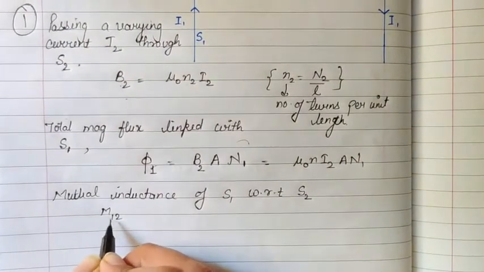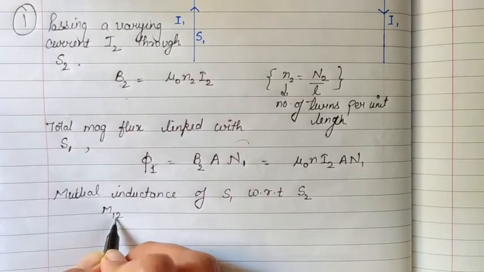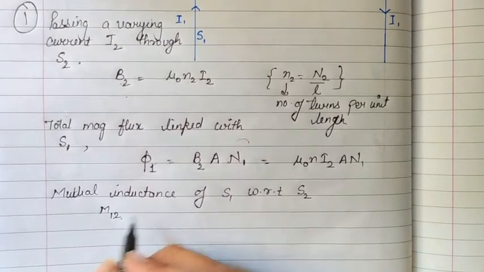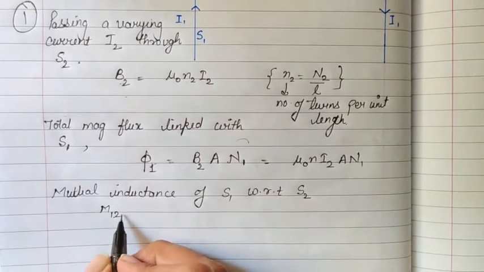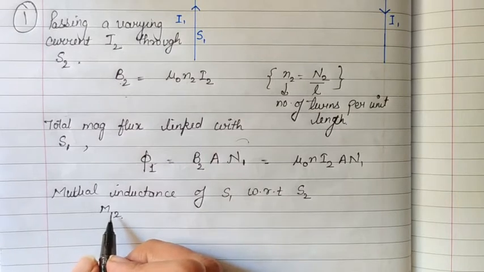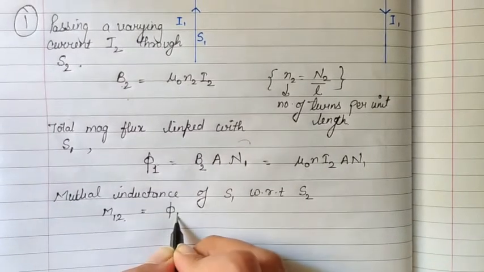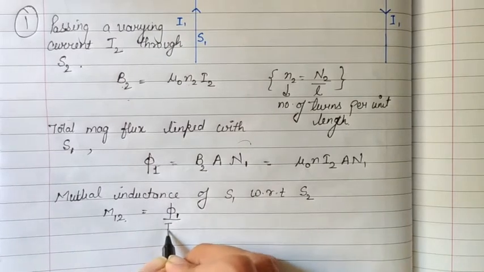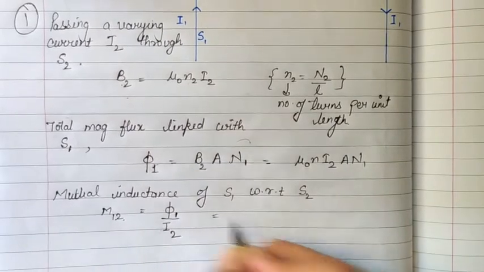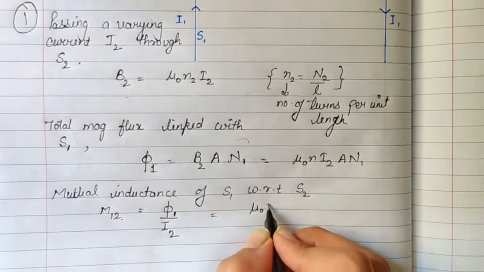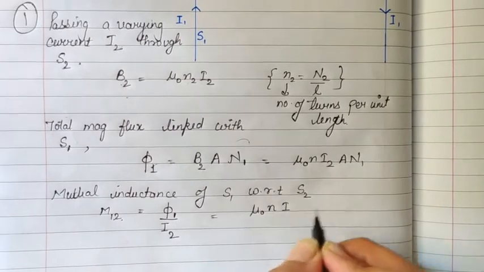So M12 represents the mutual inductance of 1 with respect to 2. That means when you change the current in 2, there is some magnetic flux linked with coil 1. So M12 is equal to phi 1, the flux of 1, divided by the current of the second, I2. So phi 1 is equal to mu naught n I2. Now this is N2.